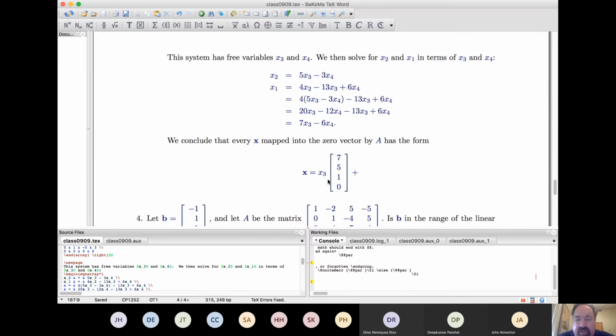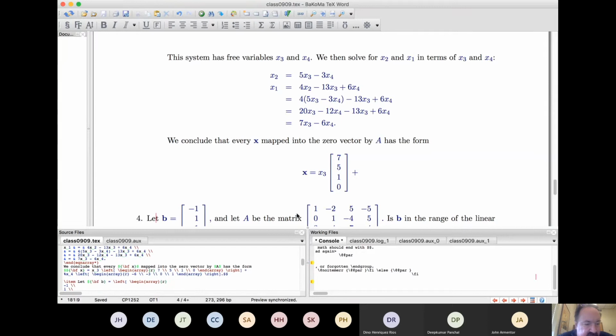First you have a vector that has all multiples of x3 from your formulas. So notice in x1 we have 7x3, so we put a 7 there. x2 we have a 5, so that goes there. x3, its own spot would be 1. There is no x4, so it would be 0. And then you do the same thing for all the multiples of x4 that you see in your formulas.